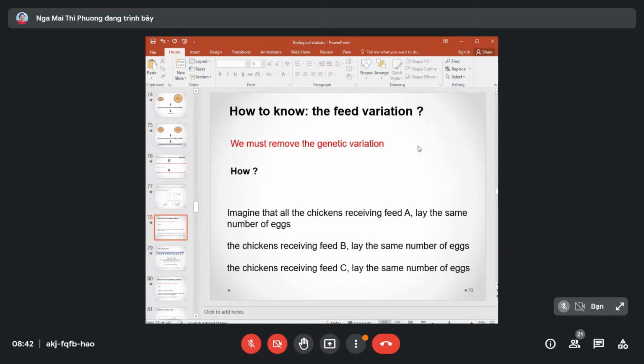In this case, we consider that all the chickens have the same genetic background, so there's no variation between the genetics of the chickens. By assuming that, we can study the effect of feed level on the number of eggs.